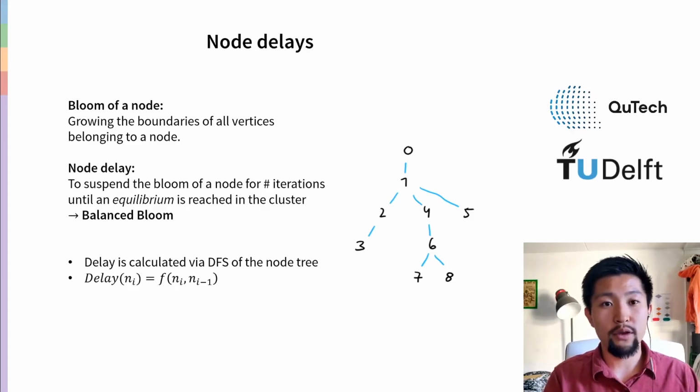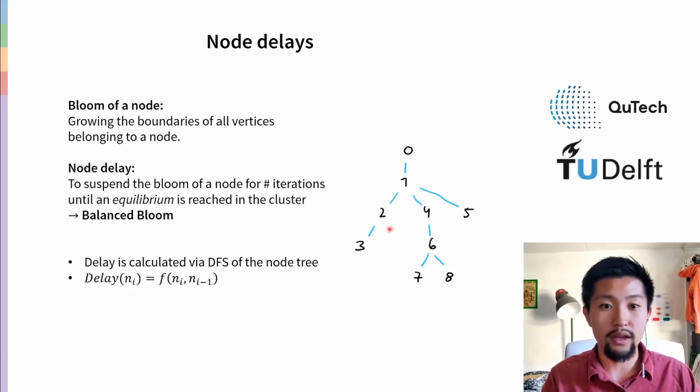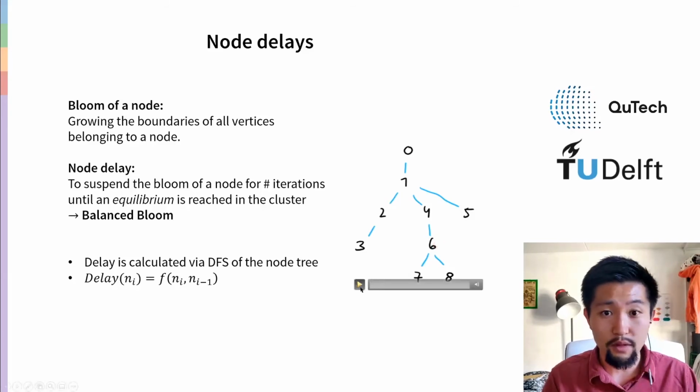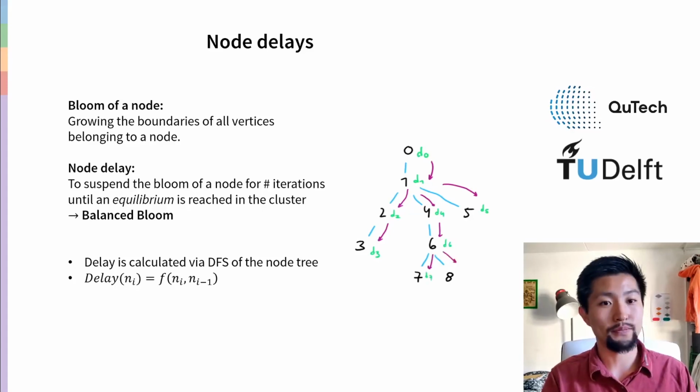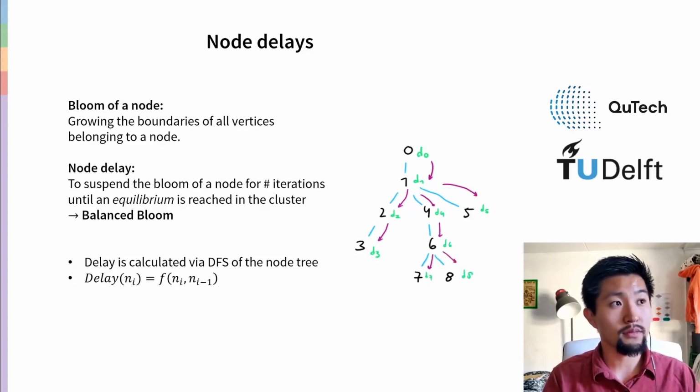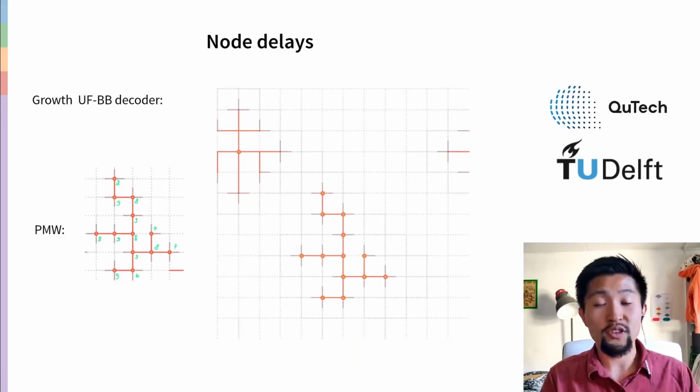And what's nice about these node delays is that we can calculate this delay by just a depth first search of the node tree, where the delay value of each node is only dependent on the node itself and the delay value of its parent. So utilizing this, we can make a decoder that is called the union-find balanced bloom decoder.